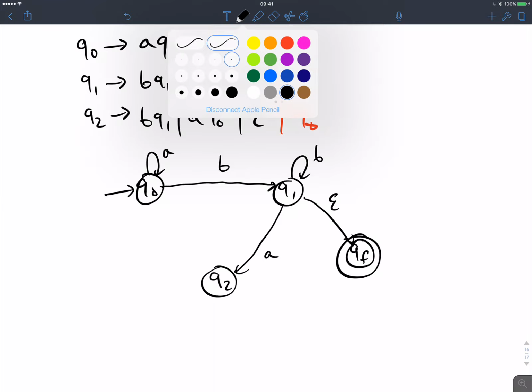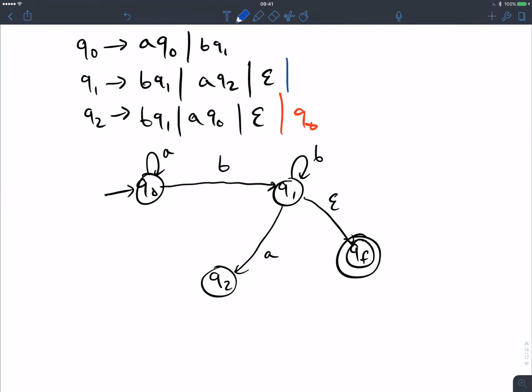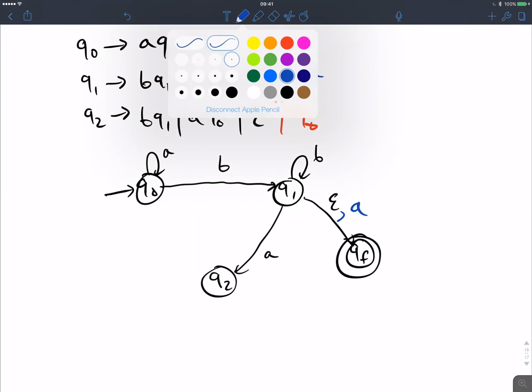What if instead, or in addition, I have a single terminal with Q1? It's going to go to QF on that symbol. Okay, so let's go back.